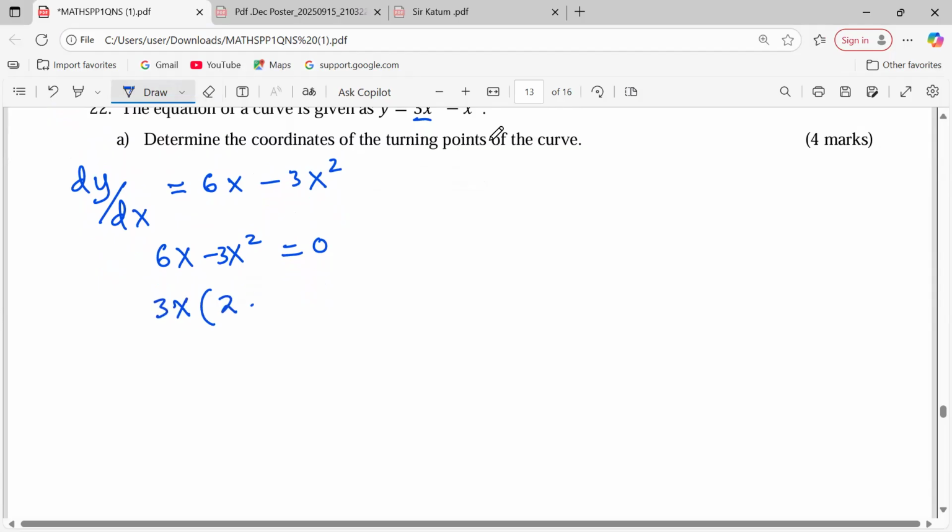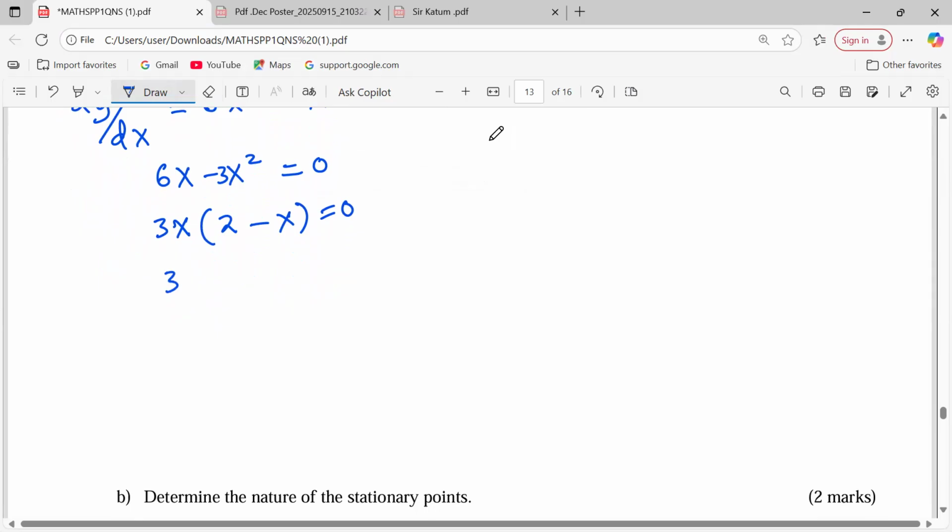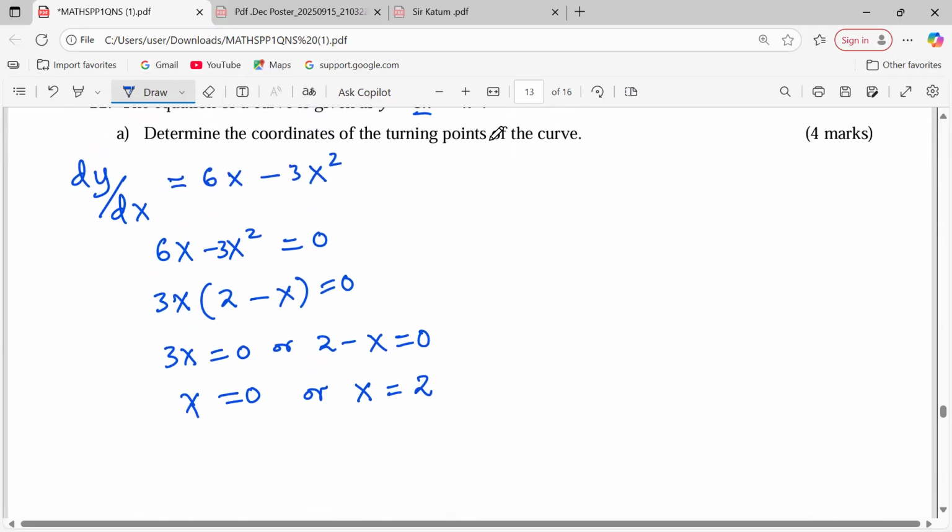We remain with 2 minus x. This is equal to 0, meaning that either 3x equals 0 or 2 minus x equals 0. The value of x is 0, and the value of x can also be positive 2. So we have the two values of x at the stationary points.